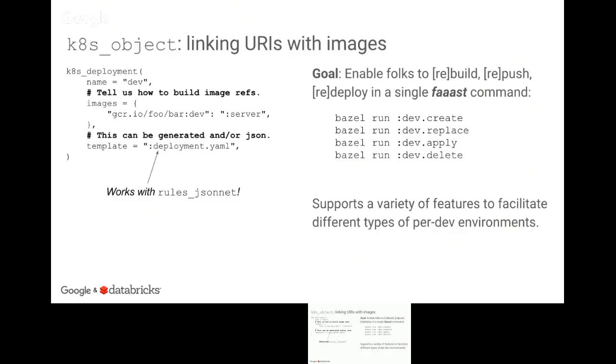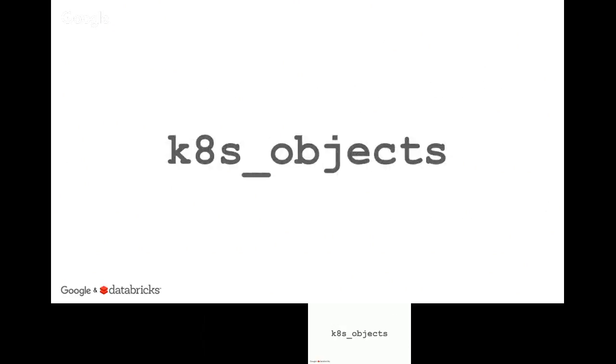OK, so one last thing before the demo, which looks very similar, but it's plural. Once you start to deal with non-trivial Kubernetes applications, you start to deal with multiple objects.